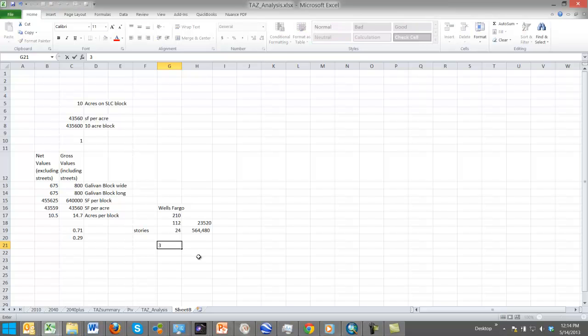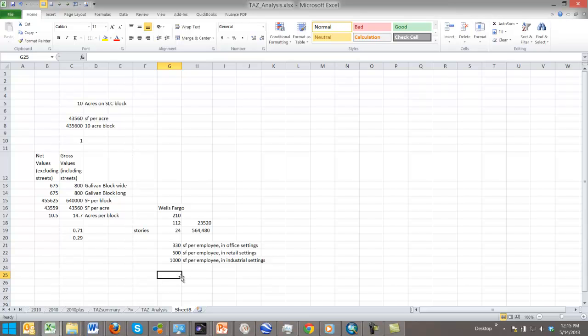But 330-ish square feet per employee in office settings is typical, and 500 SF per employee in retail settings is typical, and more like 1,000 is typical in industrial settings.